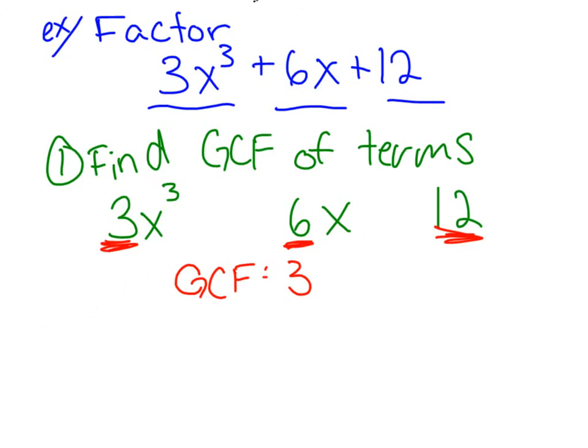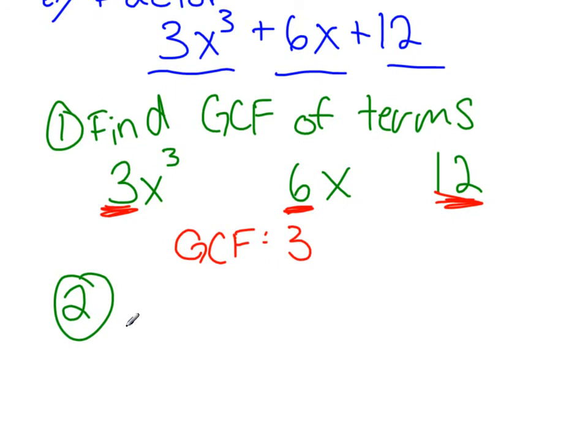Alright, our next step after that is to factor out the GCF. So, we have our GCF in front, and now I'm going to fling some parentheses. You do have to write them, don't drop them. And go, what times 3 will get me 3x cubed? Well, the 3's already there, we have it, so we're missing the x cubed.